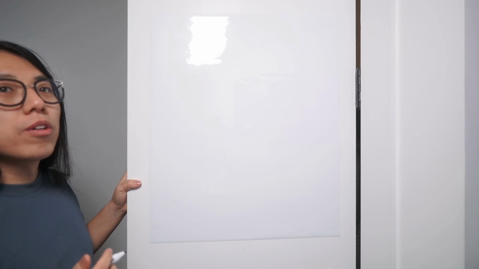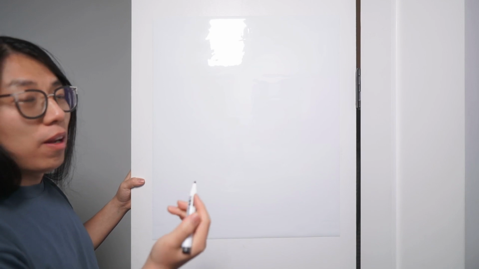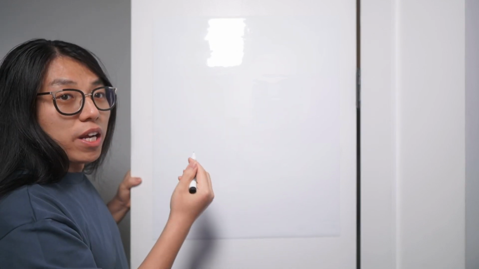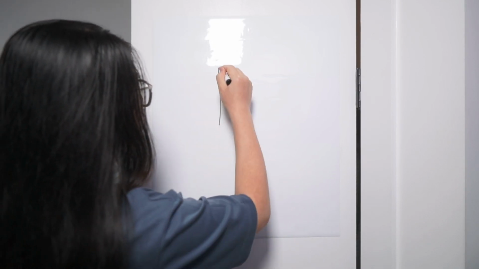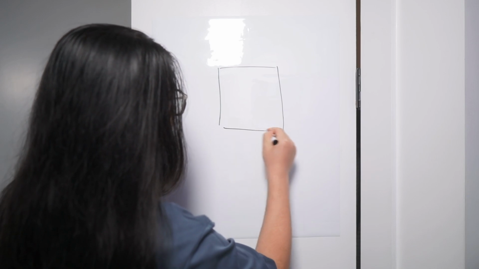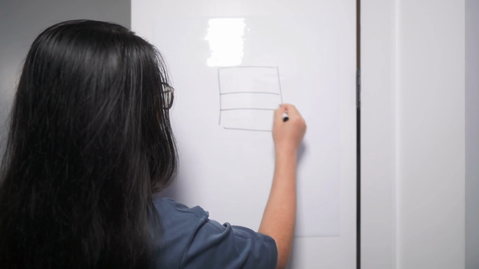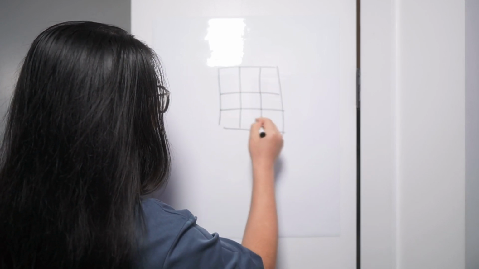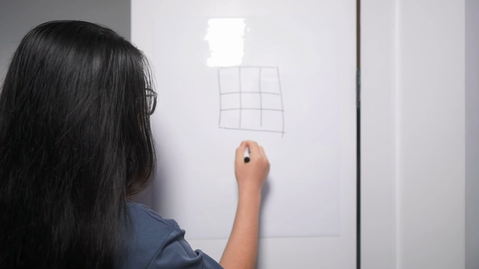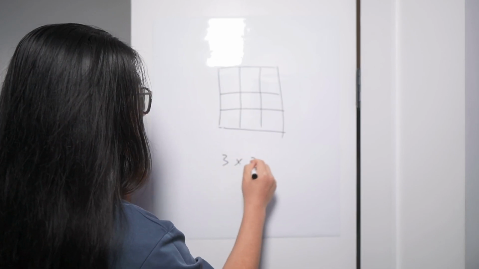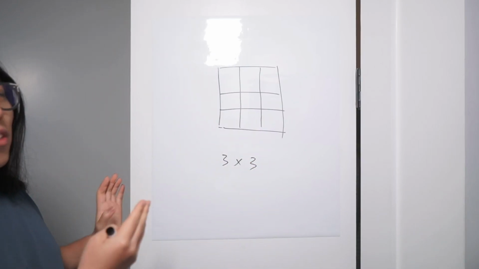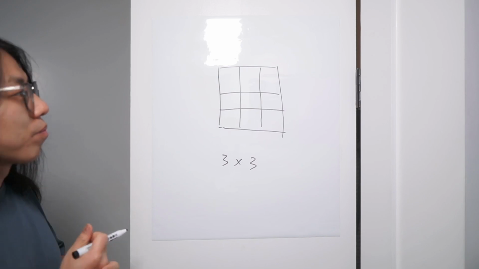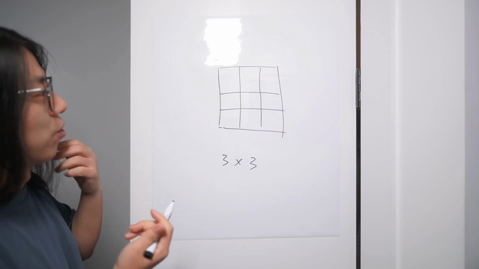So let's talk about how the pixels are arranged. Imagine we have an image that is only 3 pixels by 3 pixels. Imagine this is the size of our image. How is it organized?